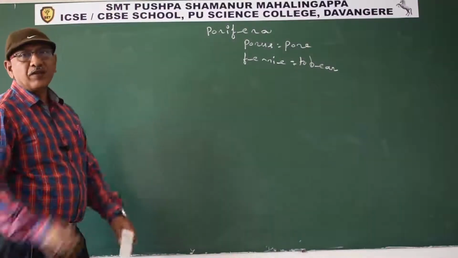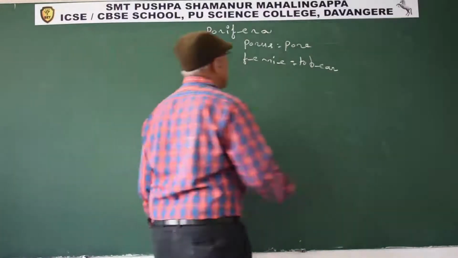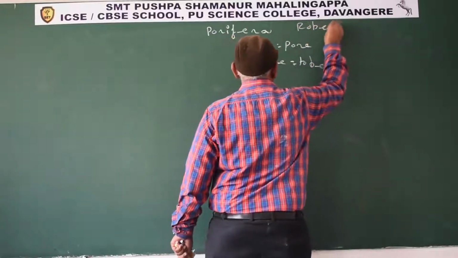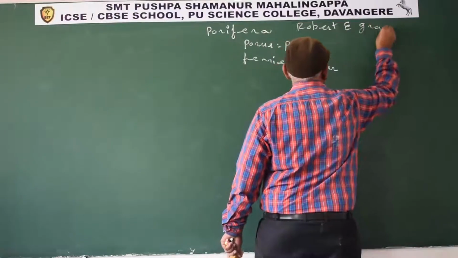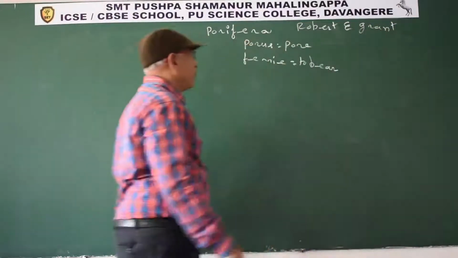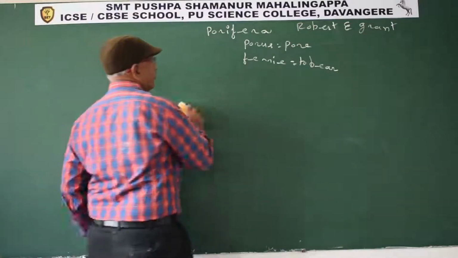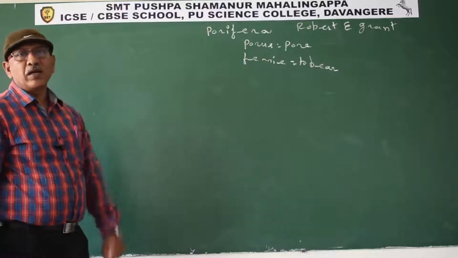On the body surface, several openings are present. Robert E. Grant coined the term Porifera. It is better to read with the help of diagrams.